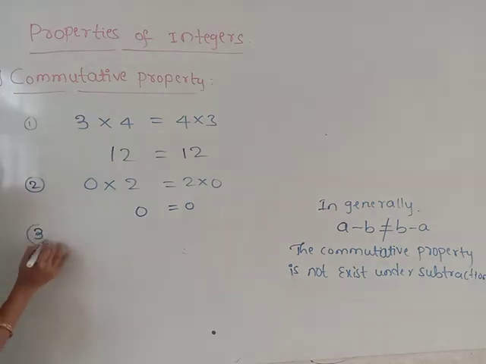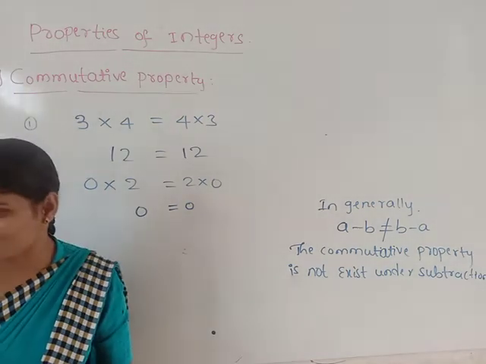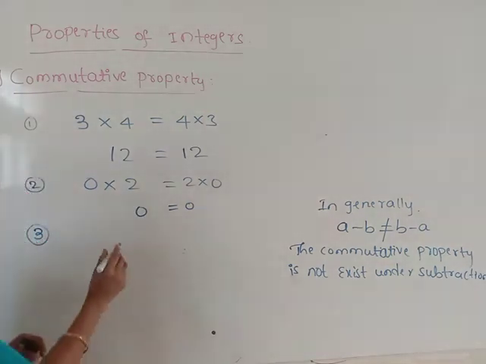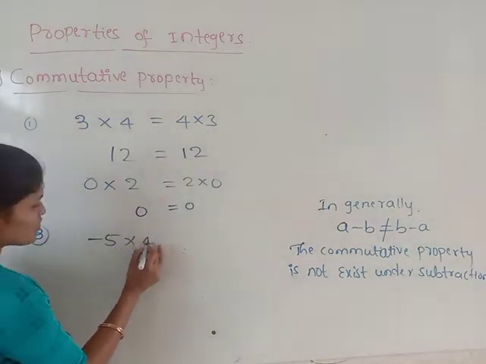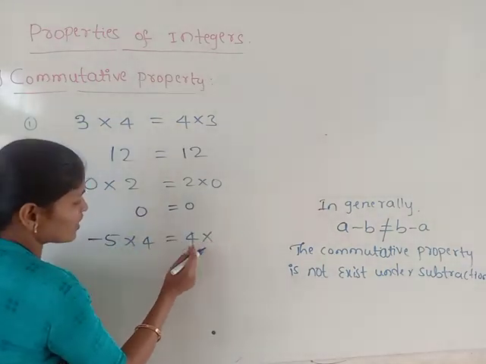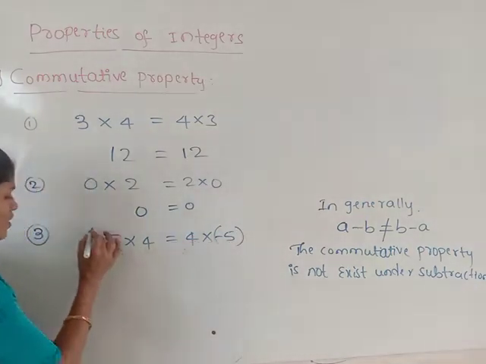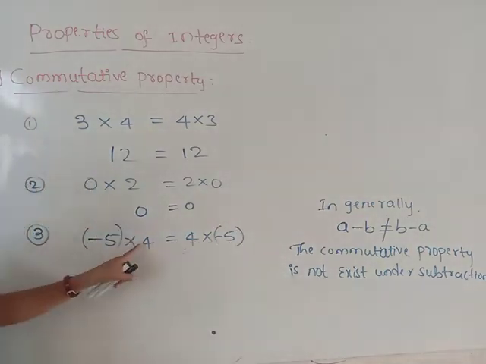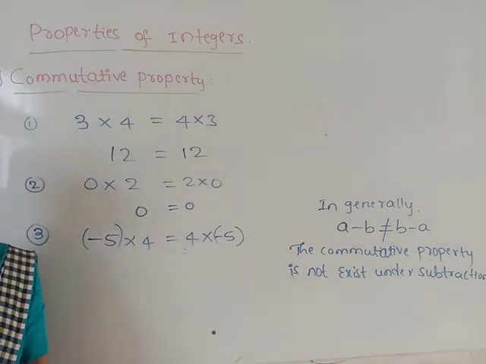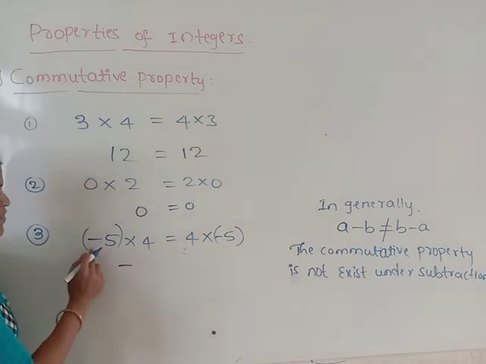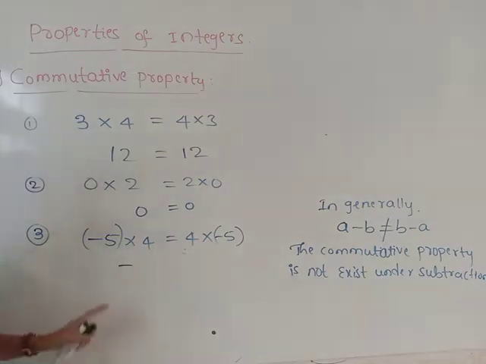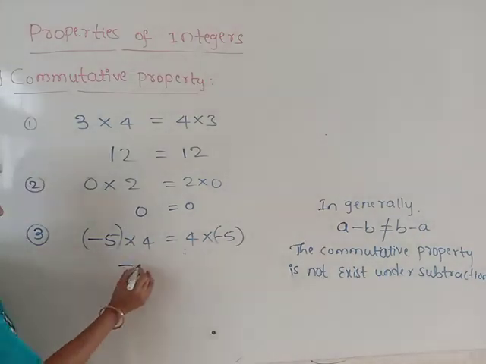Suppose you take one positive integer and one negative integer. Shall we check it? Minus 5 into plus 4. On the right side I will take plus 4 first, then minus 5. Here minus into plus is minus, 5 fours are 20.